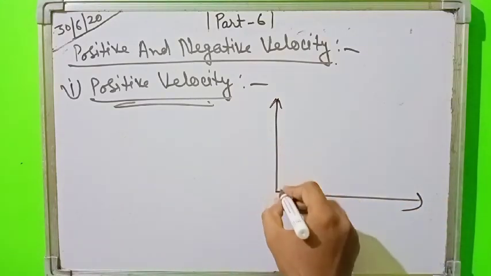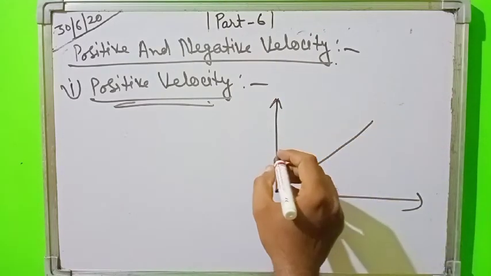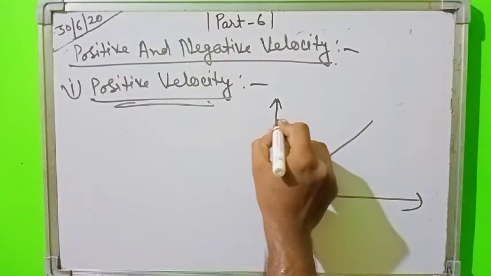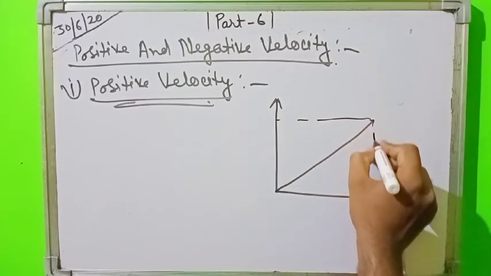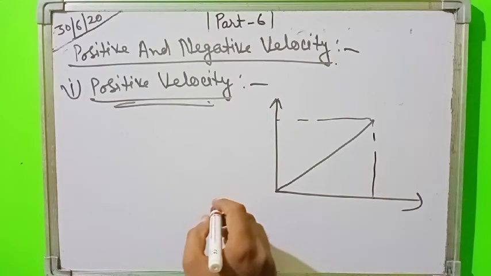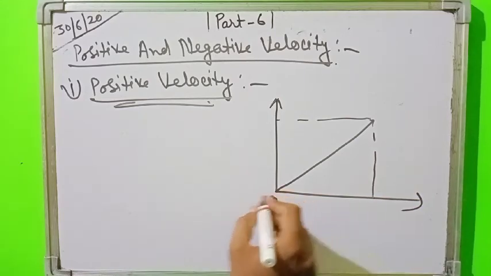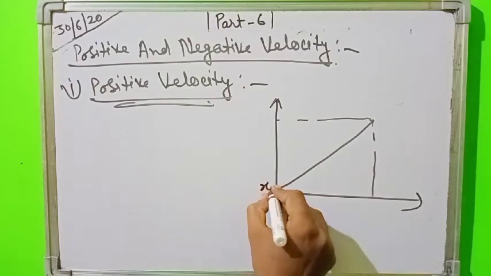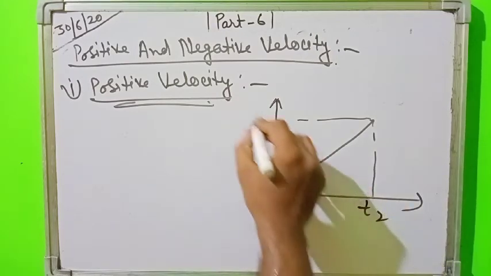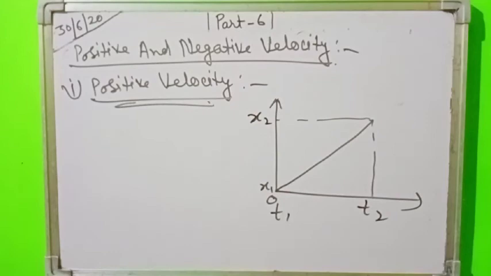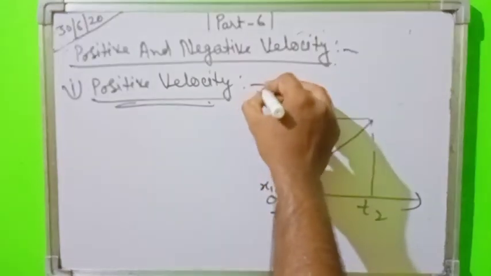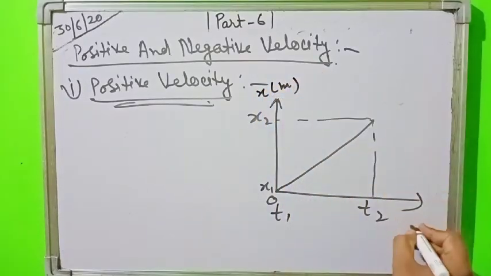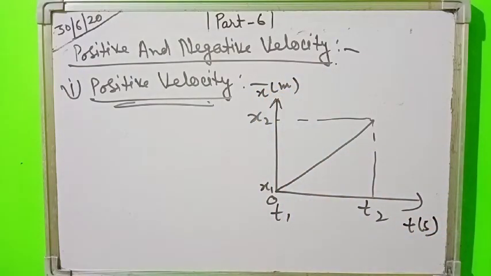Here is the origin. At time t1 the position is x1, at time t2 the position is x2, with x in meter and time in second.